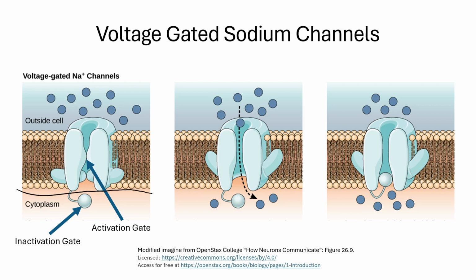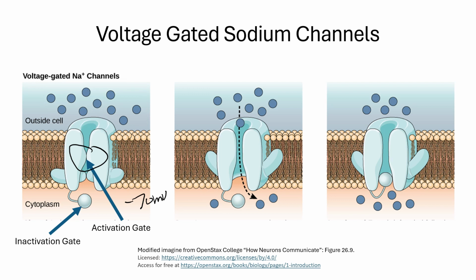Imagine this as being the plasma membrane of the hillock. Inside of the plasma membrane of the hillock are these voltage-gated sodium channels. Now, when the interior is at -70 millivolts, the voltage-gated sodium channels are closed, but more specifically, the activation gates are what are closed, and that's preventing any of these sodium ions from being able to come in.